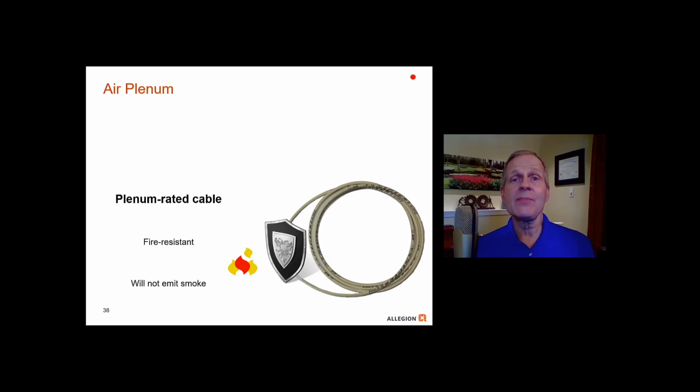So plenum rated cable is going to be fire resistant. It's designed not to support flame. So if you pull the flame away from it, it will not continue to burn, and it will generally emit low levels of smoke. So that will reduce the risks associated with using wires in the air plenum space. So the jackets are typically made out of Teflon. Teflon coated cables will suffice for use in an air plenum.